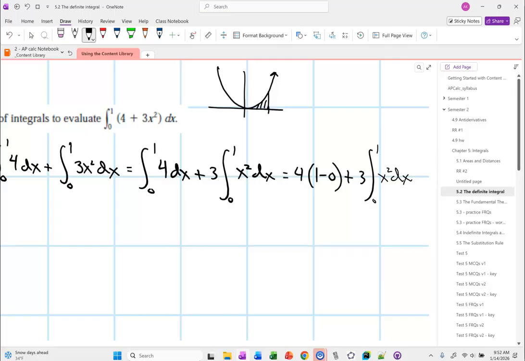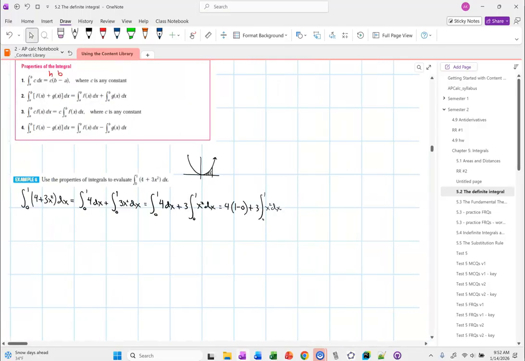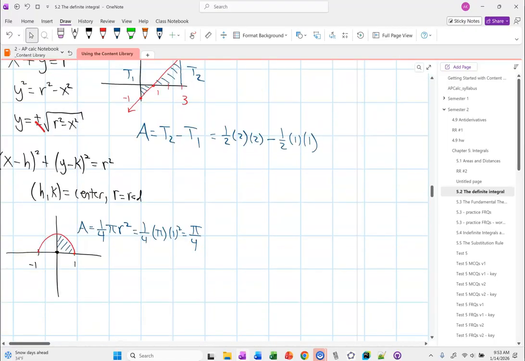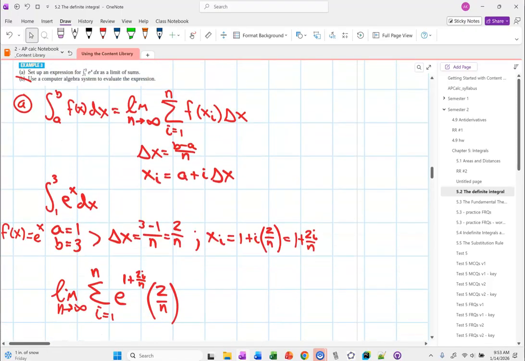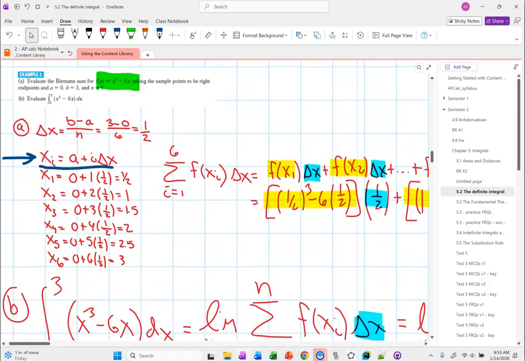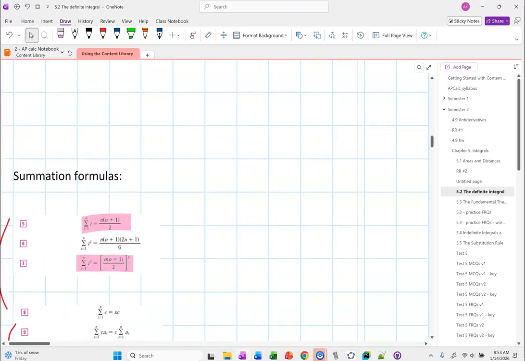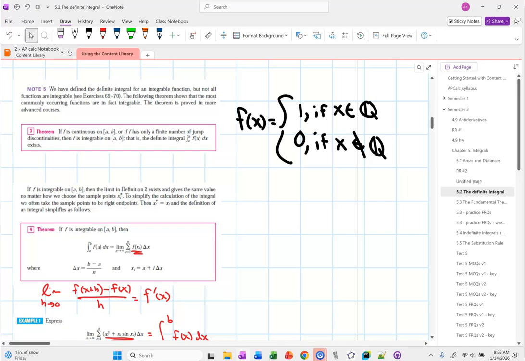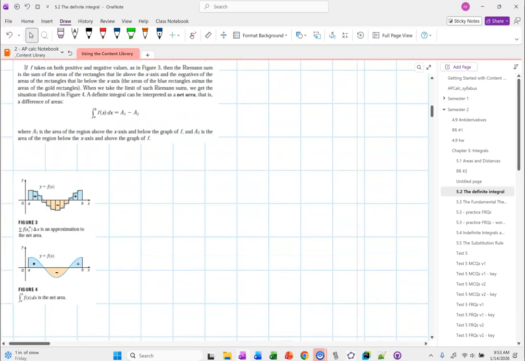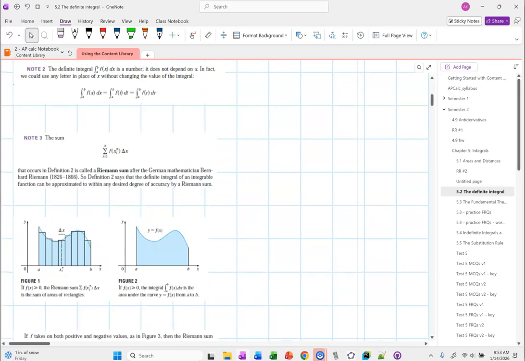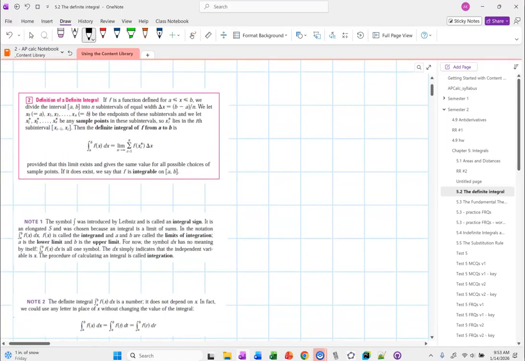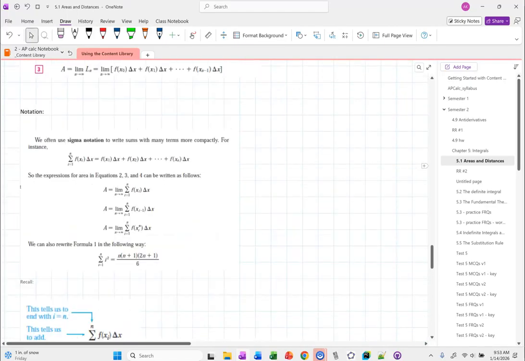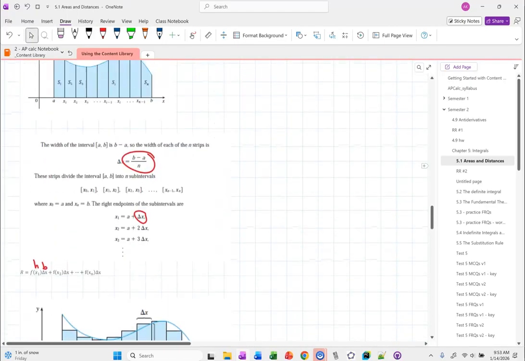I would say though, if memory serves, let's look back here for a moment. I think we did this, maybe it was in 5.1. Let's go back to 5.1. I think they gave this to us on purpose here.